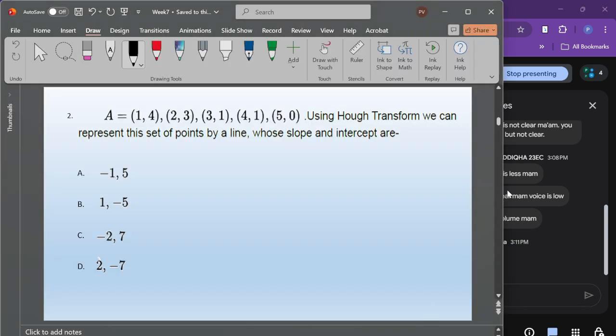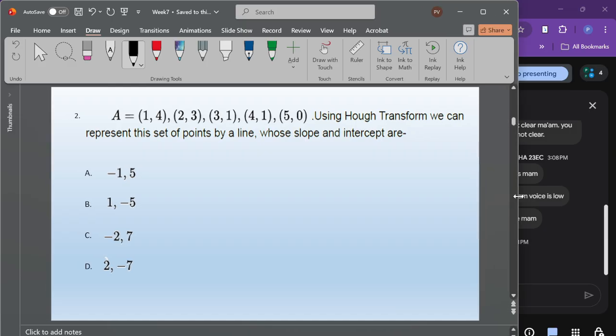Okay, so let's solve this problem. For a given set of points, the line of best fit has a slope m and a y intercept.